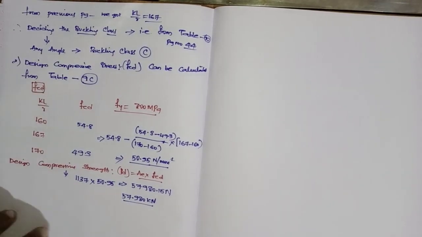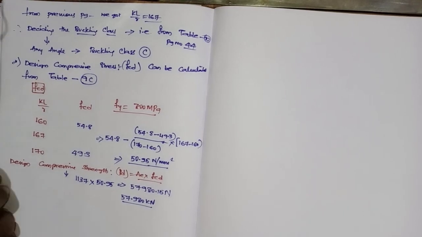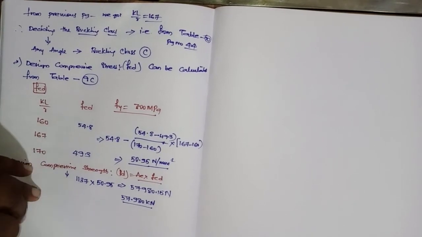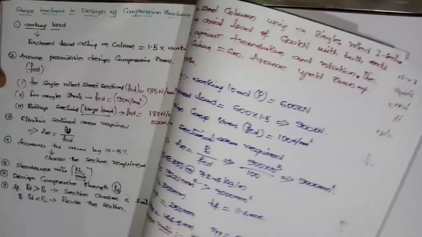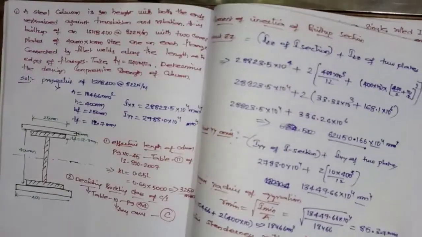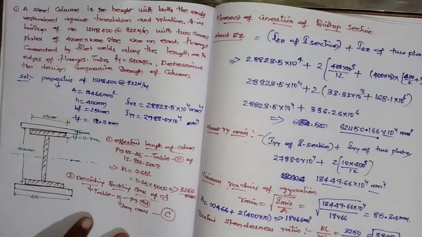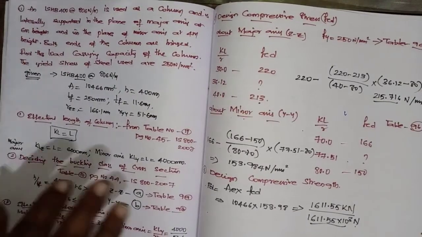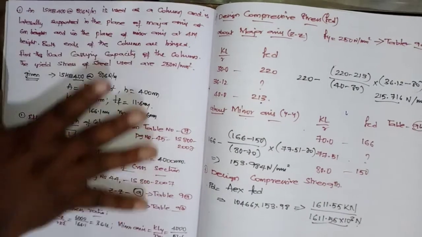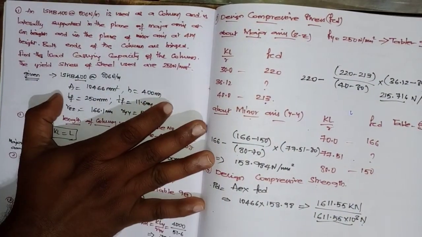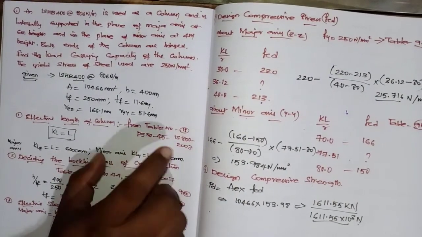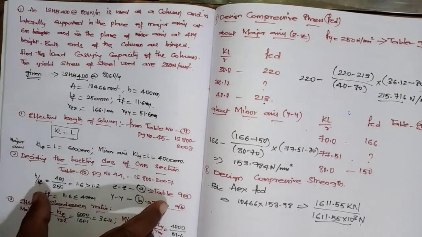Now what is the difference between the previous problems and these problems? Previously, in the earlier analysis problems, if you go back, see here for a non-built up section, just to know the difference. Okay, an I section is there. For that we wrote the properties from the steel table, and first calculated the effective length based upon table number 11, page number 45. Based upon this, you decided the buckling class.